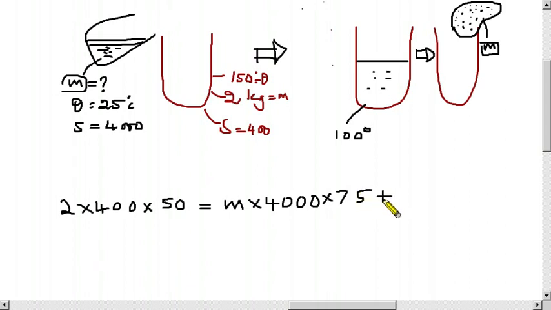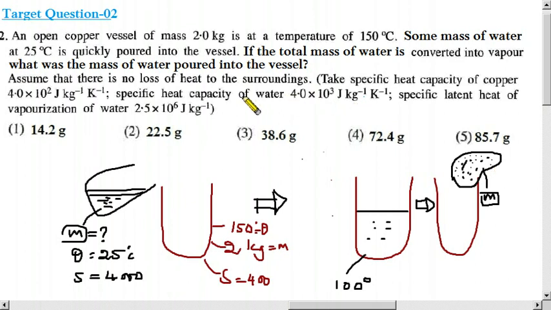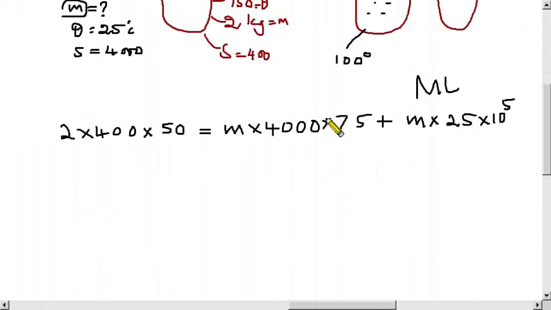Then plus the ml term now for this vapor. So the total mass, then simply m, L is 2.5 times 10 to the power 6.